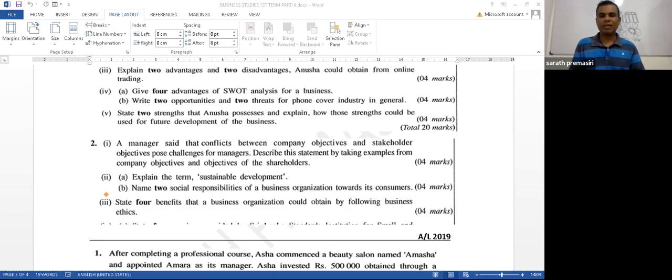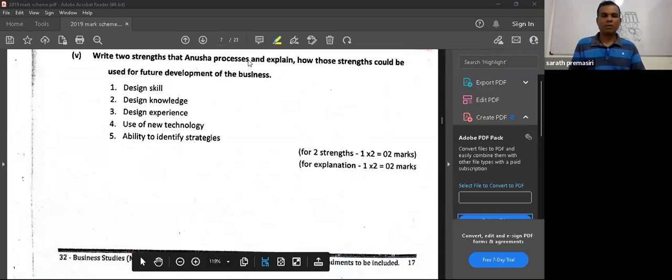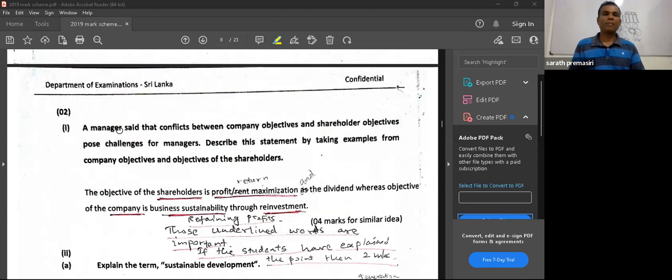Right. Let's look at how this question should be raised. A manager said that the conflict between company objectives and shareholders' objectives pose challenges for managers.